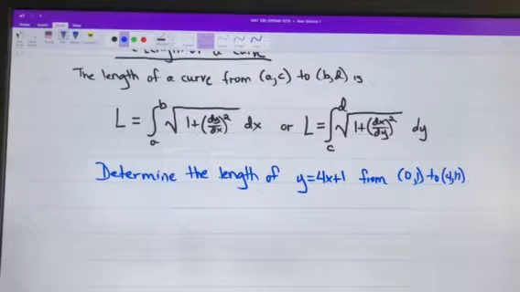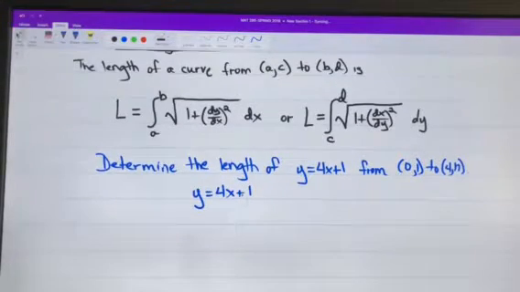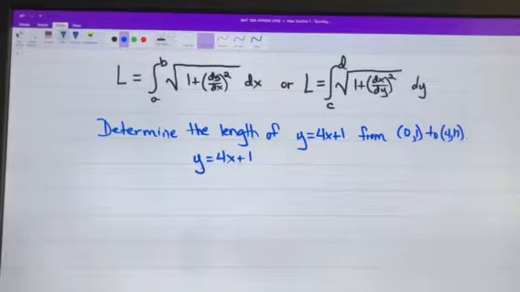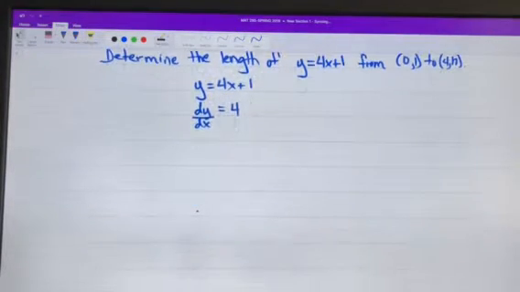First of all, okay, we can integrate with respect to x. Okay, but for what we have right now, we have y is equal to 4x plus 1, arriving at dy over dx.